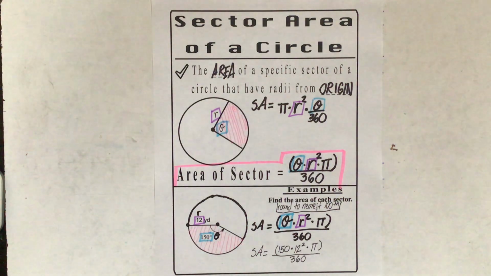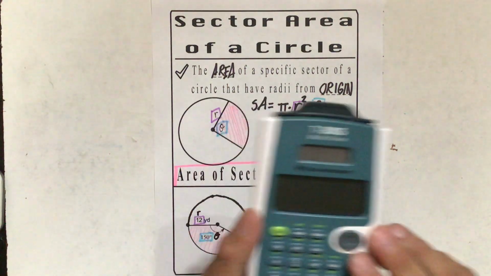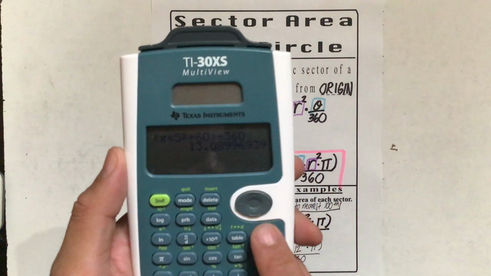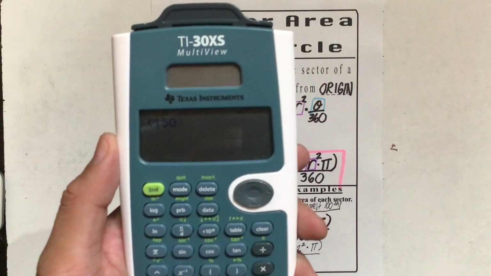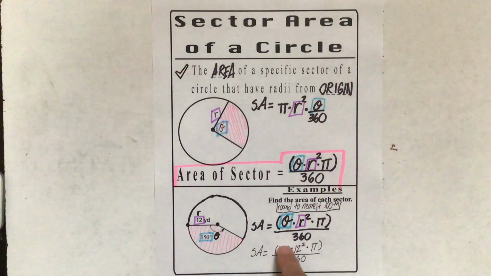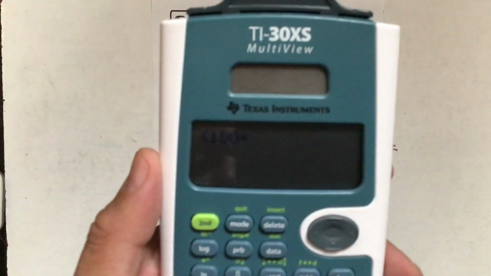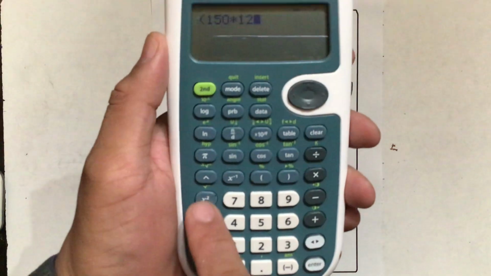So when I'm going to punch this into the calculator, I'm going to turn it on, and say parentheses, 150 times, so I'm going to do this exactly the way it looks. 150 times 12 squared. You see the little button there?